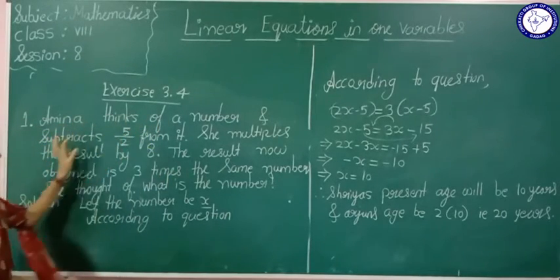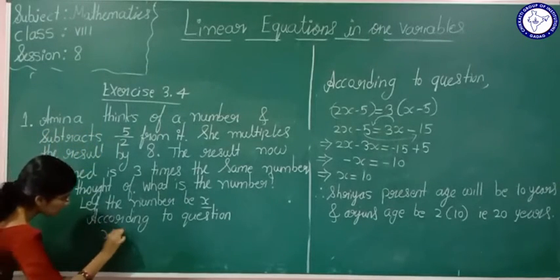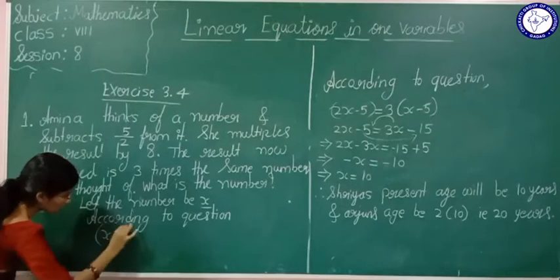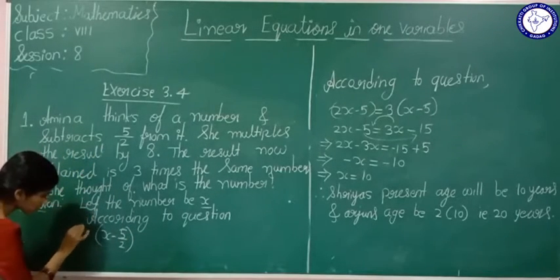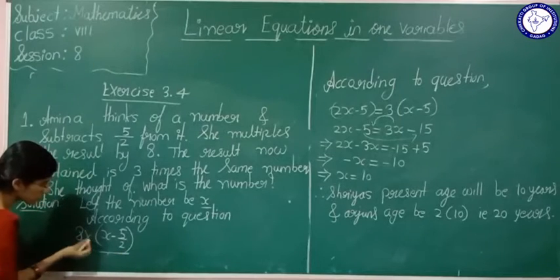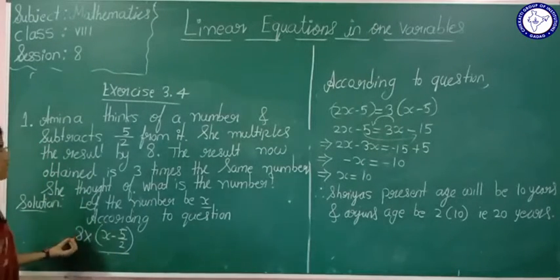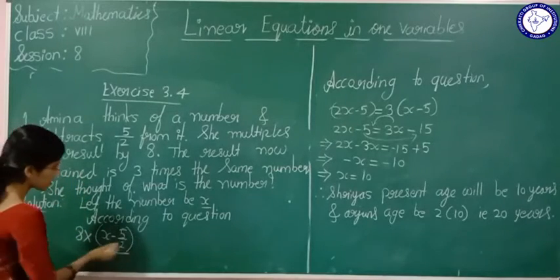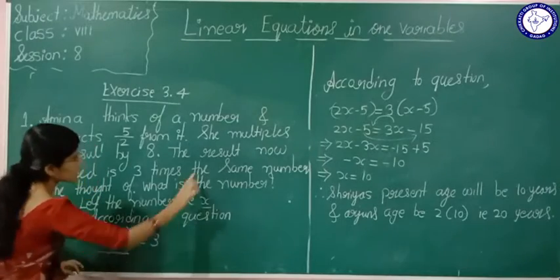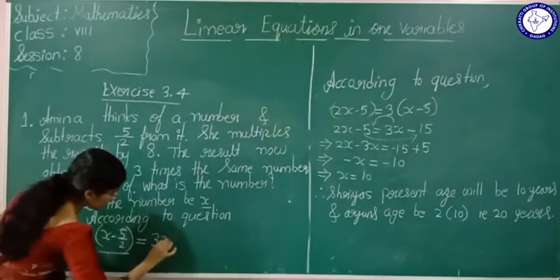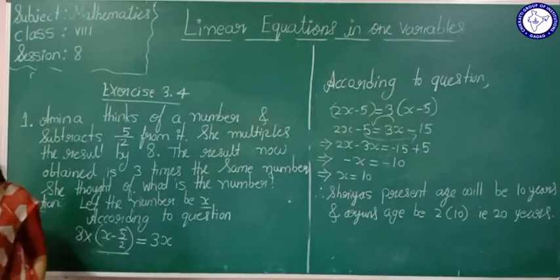Amina thinks of a number and subtracts 5/2 from it, means x minus 5/2. She multiplies the result by 8. The result now obtained is 3 times the same number, means 3 times x. You have to find out the value of x.